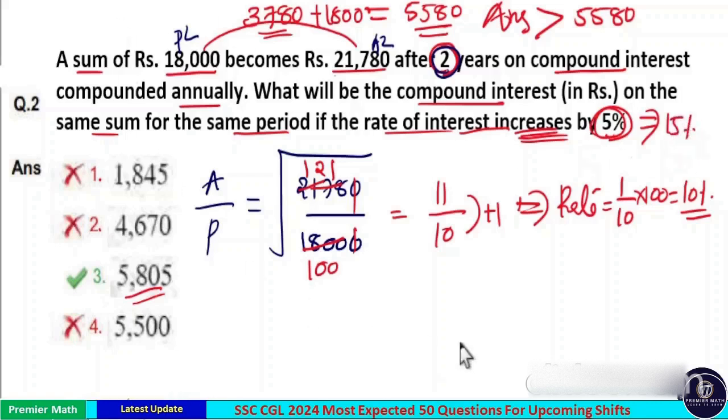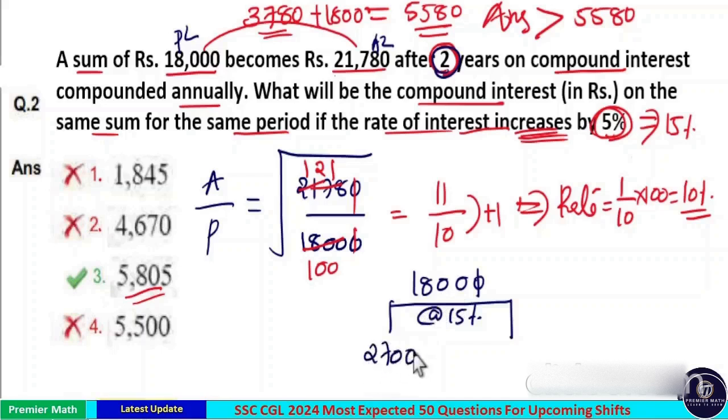Now calculate compound interest for 18,000 at 15% per annum. So for the first year at 15% per annum, 10% is 1800, 5% is 1800 by 2, that is 900. So 1800 plus 900 is 2700.